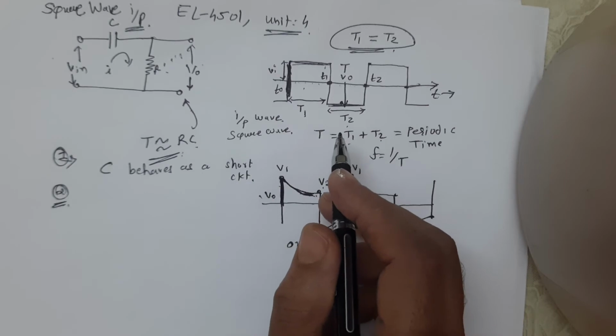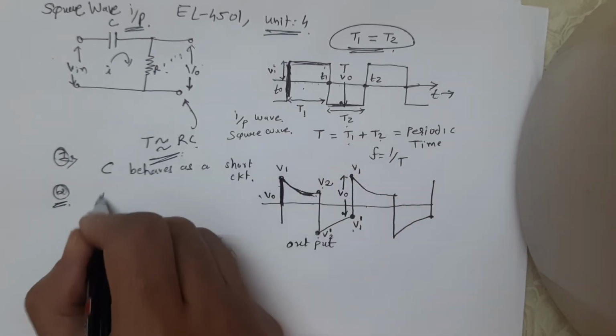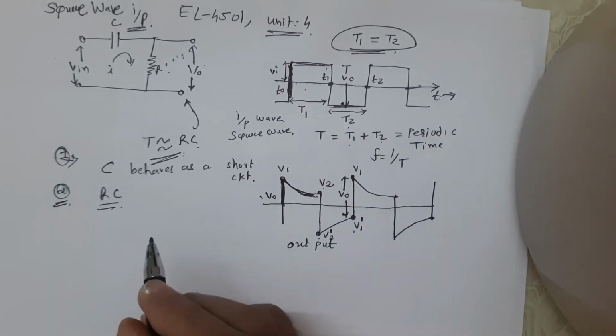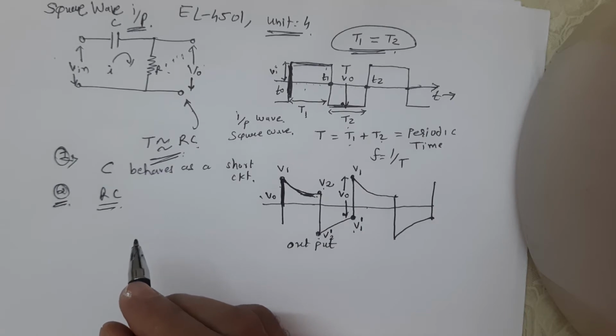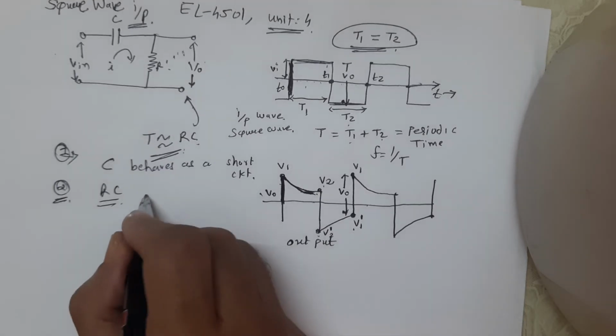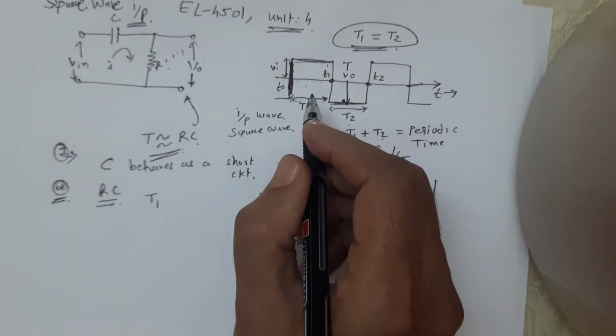That means the output voltage decreases exponentially with the time constant RC of the circuit towards zero. But this exponential decay is very slow, as the time constant RC is comparable to the half period T1 of the waveform.